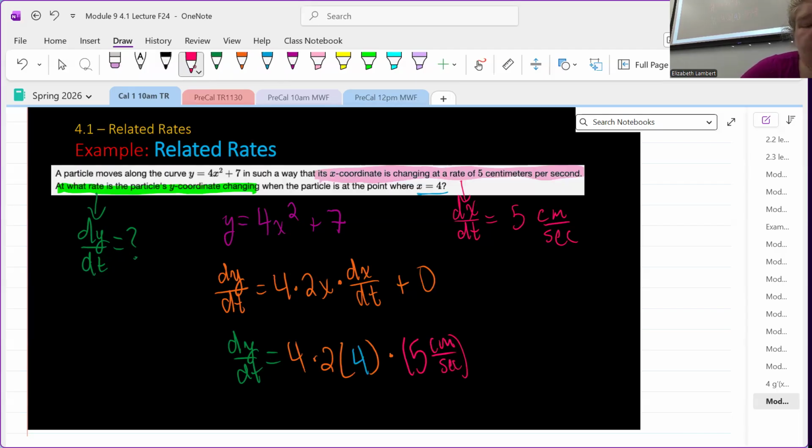All right, so I had 4 times 2x times dx/dt. So 4 times 2 times x, which in our snapshot was 4, and dx/dt was the 5 centimeters per second. So we have 32 times 5, 160.